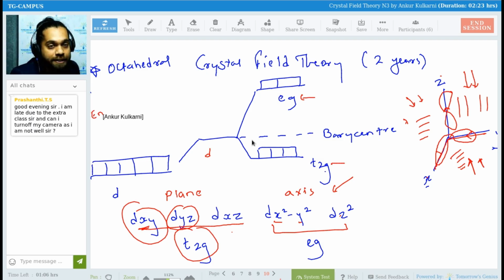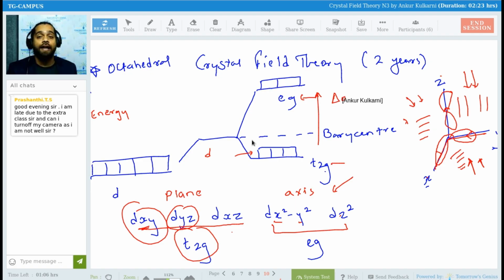Over here, I have drawn the energy axis, correct? So these T2G are at the same energy. You can see I have drawn them horizontally. And the 2 EG orbitals, the ones which are on the axis, are at the same energy. But the difference between those two sets we call delta octahedral, or we also call it 10 Dq.